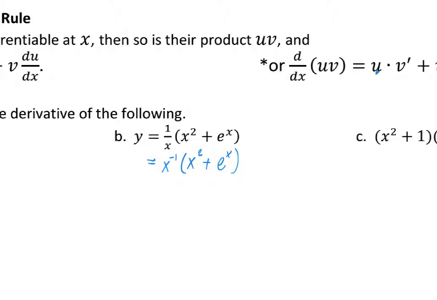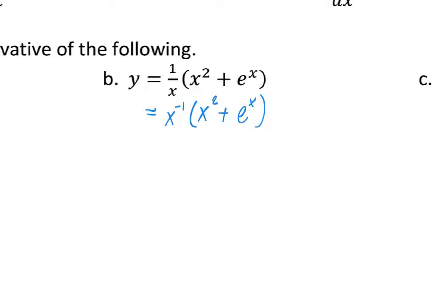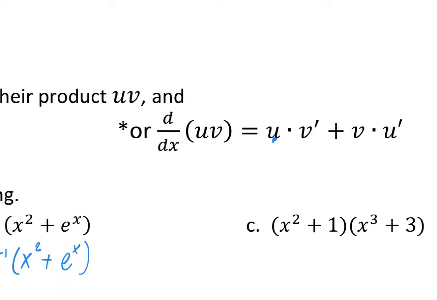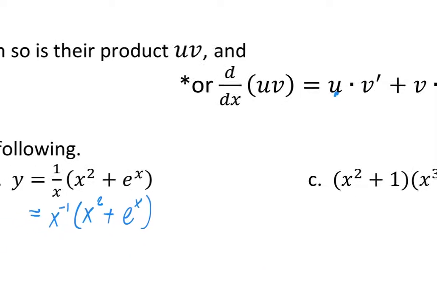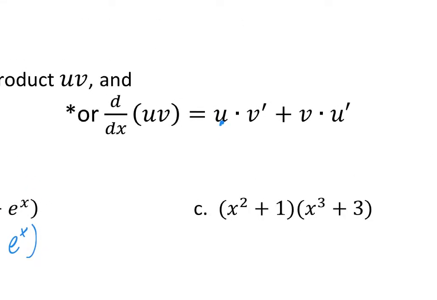So when I'm first learning how to do this, what I like to do is label everything. So let's see, f of x, or in this case, u and v. And let me just go back and say this.